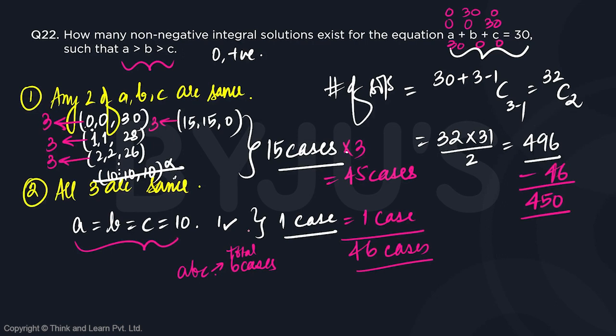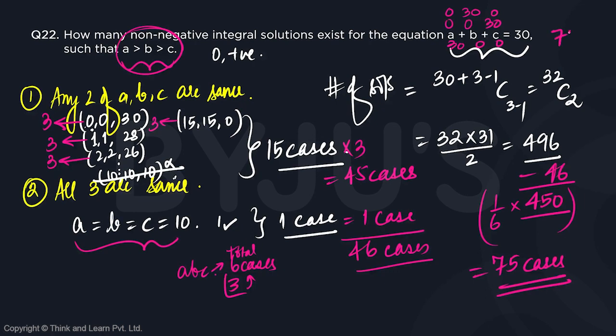Out of those 6 ways, we need to consider only 1 case. So we simply take 1/6 of 450, which is 75. So there are going to be 75 cases overall, and the answer is going to be 75.